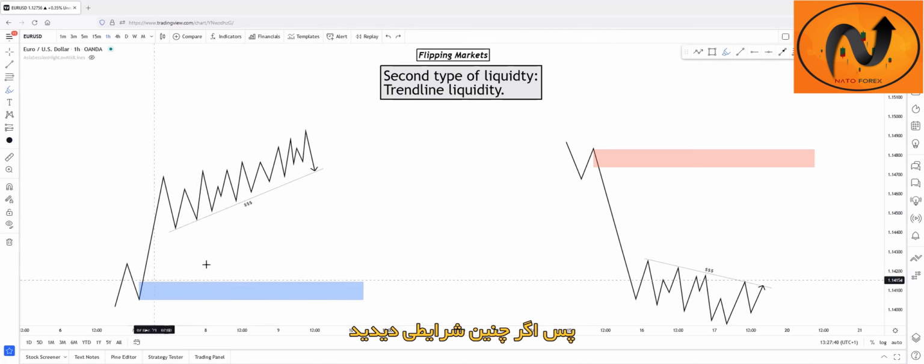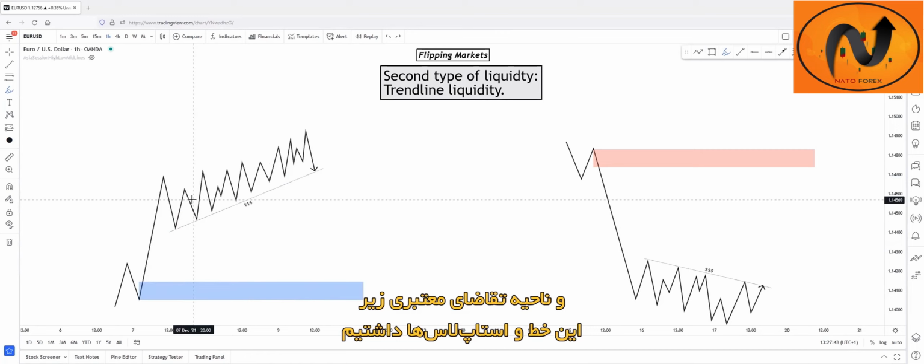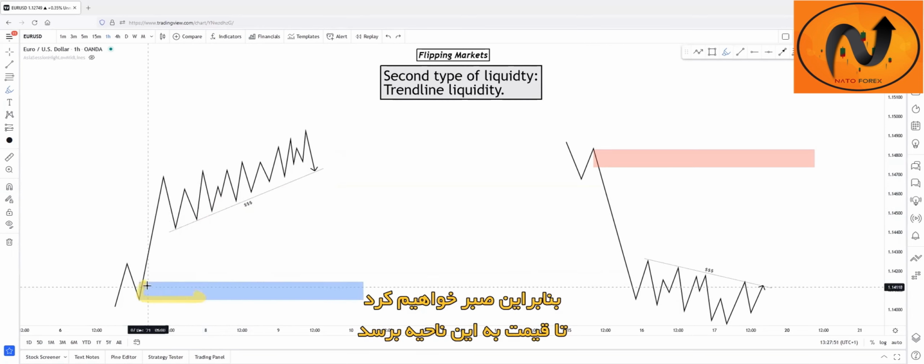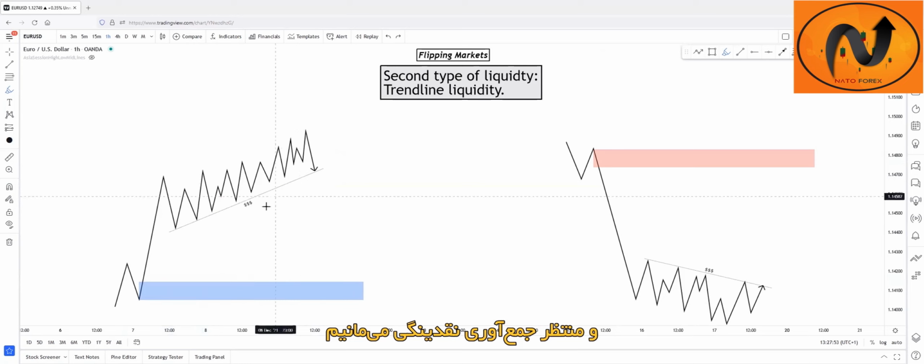So if you see something like this, and we have a really valid demand zone below the stop losses, so below this line, for example, this one, because it had all the three criteria, we will wait for this zone to be tapped and wait for the liquidity purge and the liquidity sweep.